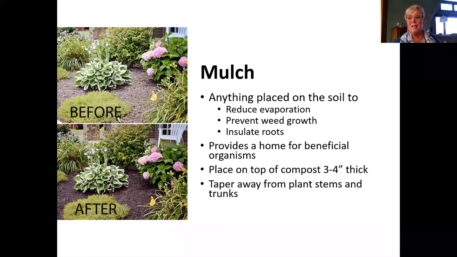It can help prevent weed growth, and it makes weeds a lot easier to pull too. It insulates the roots of your plants, keeping them cooler, especially during our hot summers. But again, you'll have more beneficial organisms. But again, make sure that you taper away from the trunks and stems of your plants, because you don't want that to be a place where rot starts to occur.